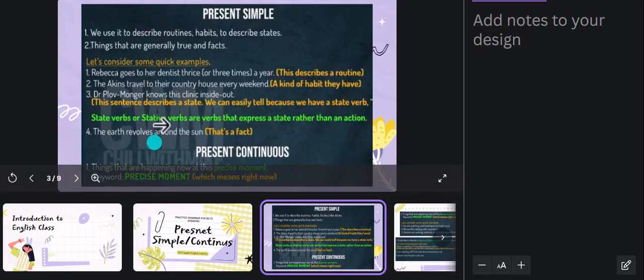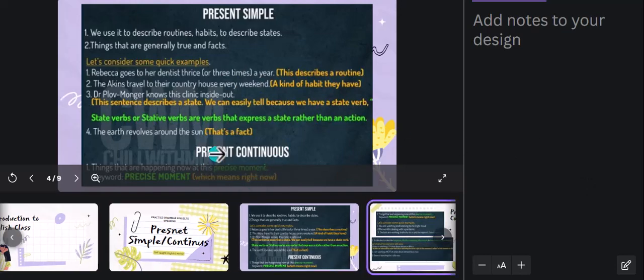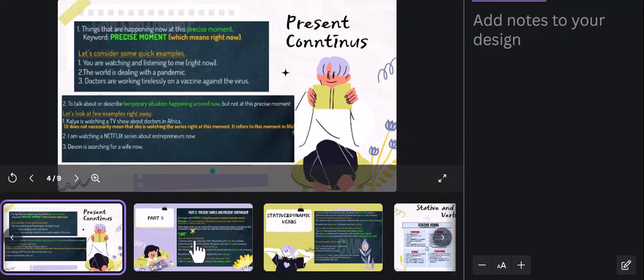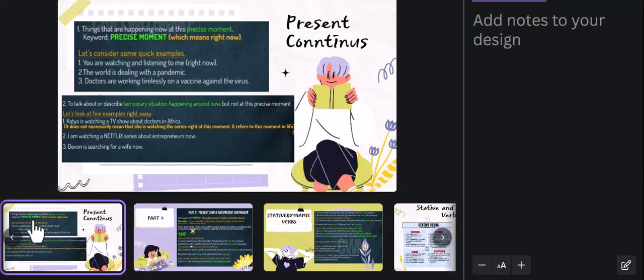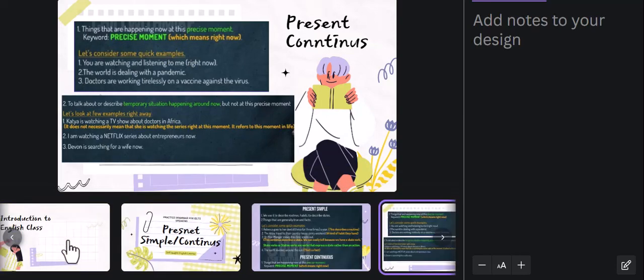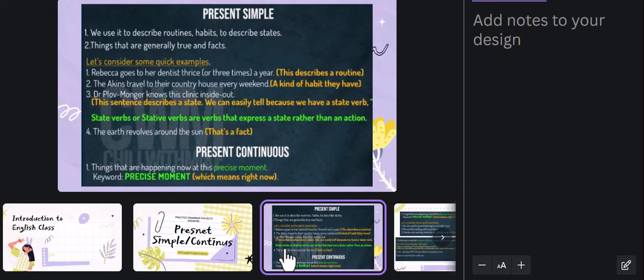So here I wrote for you more examples about the use of the present continuous. Let me come back again to read this line and then move forward. So as you can see here, we have the present continuous, things that are happening now at the precise moment, and this keyword, the precise moment, means right now. Let's move on.